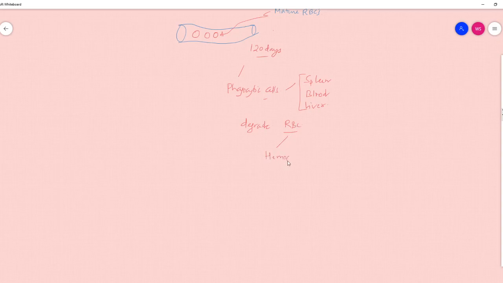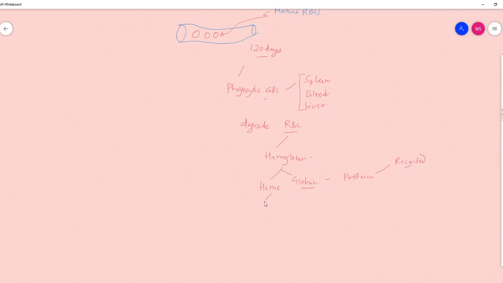Okay, so the membrane gets lost, and inside the RBC, what do we have? We have hemoglobin. Now this hemoglobin is degraded to heme and globin. Globin is a protein, and this protein is recycled.